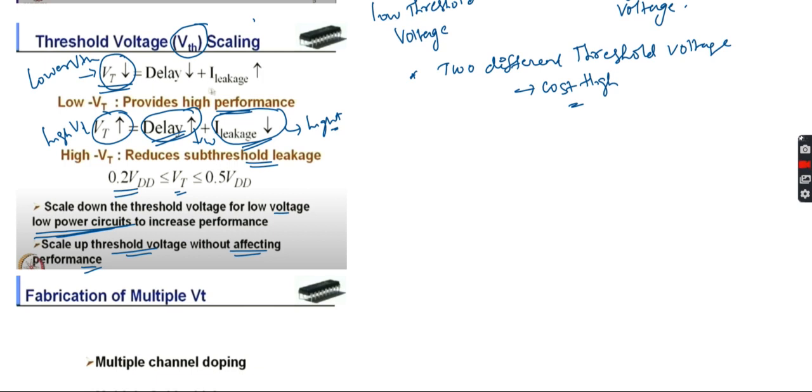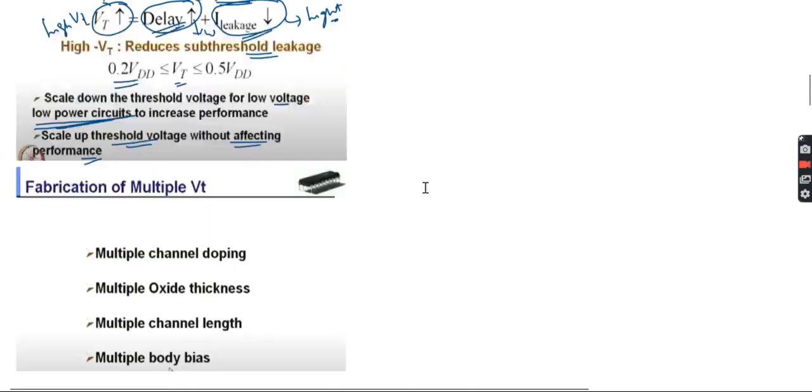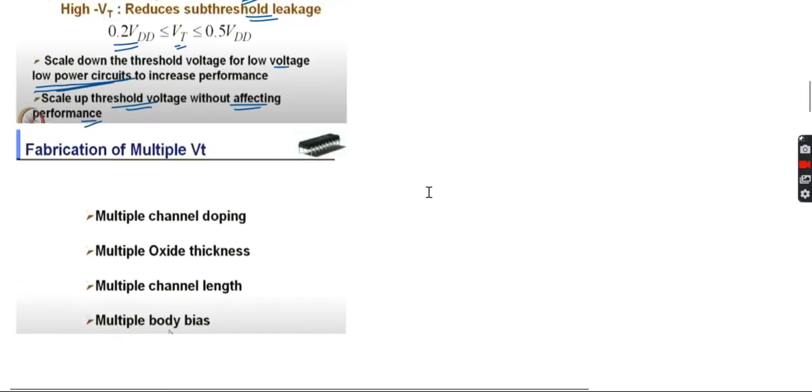Now if you want to fabricate multiple thresholds, the fabrication of multiple threshold voltages can be done in the following ways. The first one is multiple channel doping.